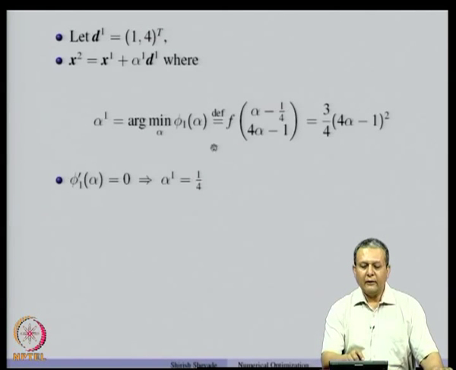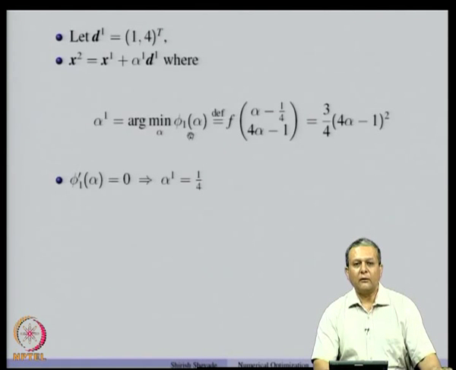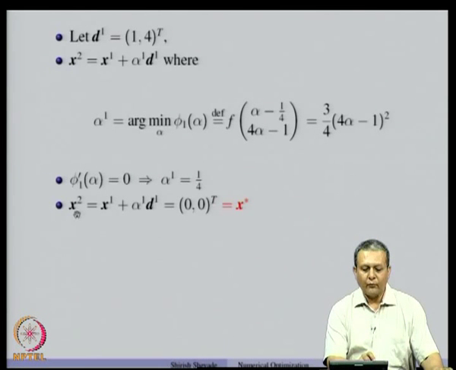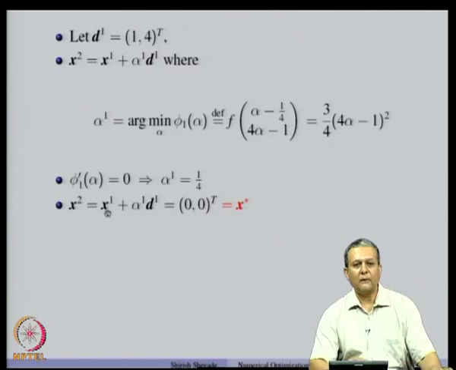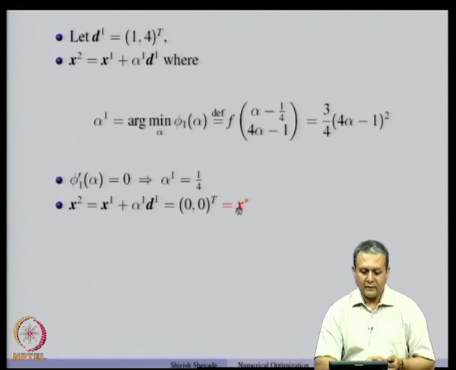So, we take the derivative of phi1(alpha) with respect to alpha, equate it to 0, we get alpha1 equal to 1 by 4, and when we use x2 equal to x1 plus alpha1 d1 and plug in the values of d1, alpha1 and x1, which is (minus 1 by 4, minus 1), what we get is (0, 0), which is nothing but our x star.